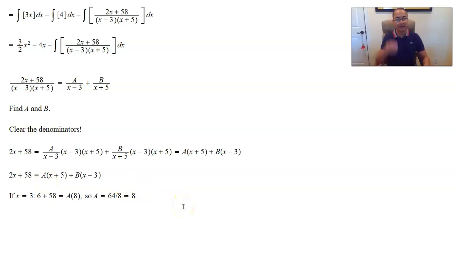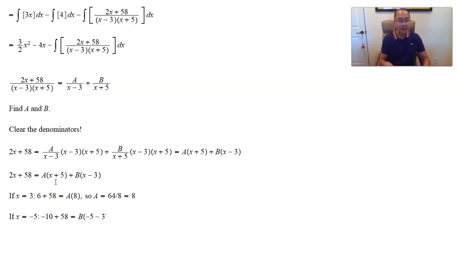Great. So now, what about B? Well, we can play the same game. To make x plus 5 disappear, we can make x negative 5. So if x is negative 5, then we get negative 10 plus 58 will be 0 plus B times (negative 5 minus 3), which is negative 8.